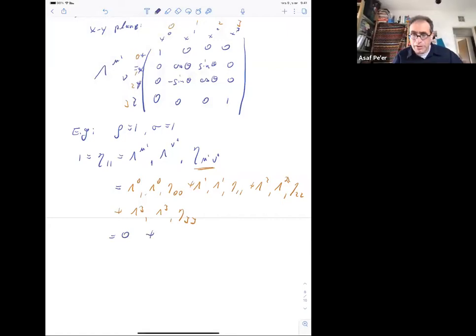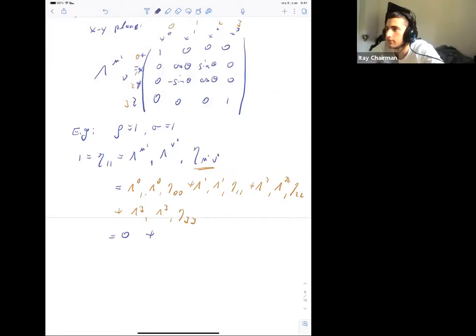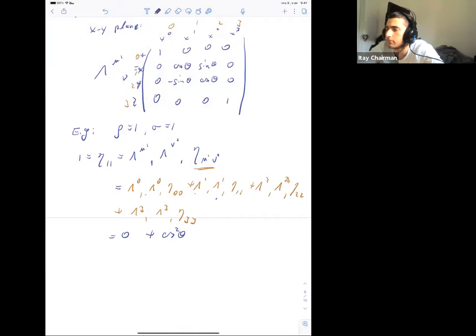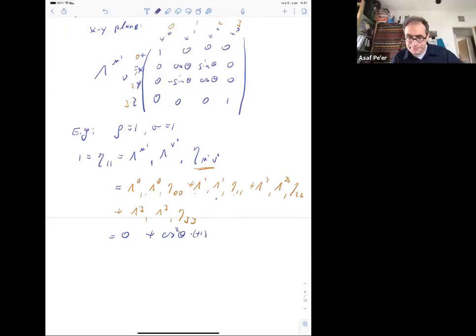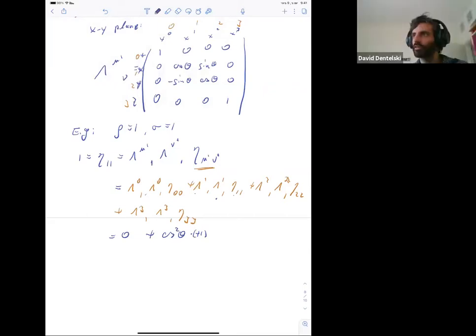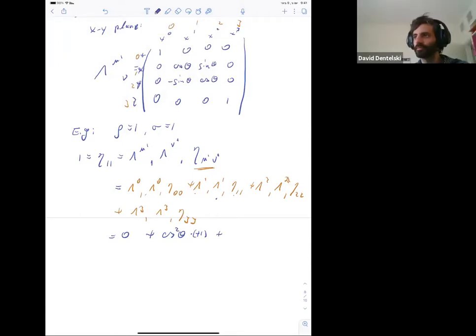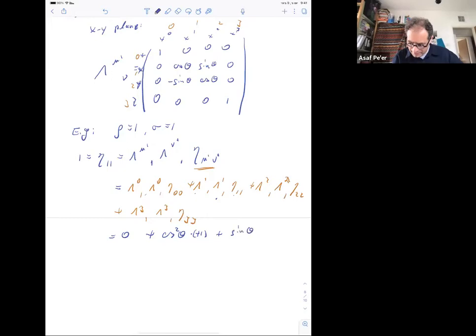Now, what is lambda 1,1? Cosine theta, and we have it squared. So cosine squared theta, and eta 1,1 is plus 1. What is lambda 2,1? Minus sine theta, or sine theta. Anyway, we square it, so it doesn't matter. Plus sine squared theta, and eta 2,2 is plus 1.